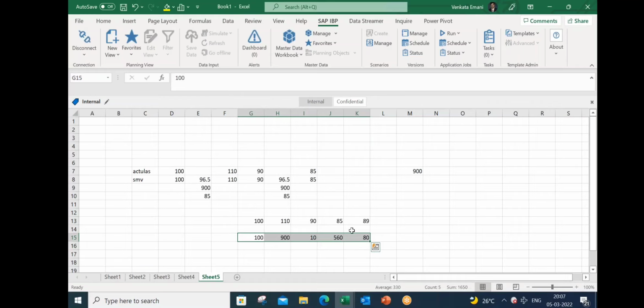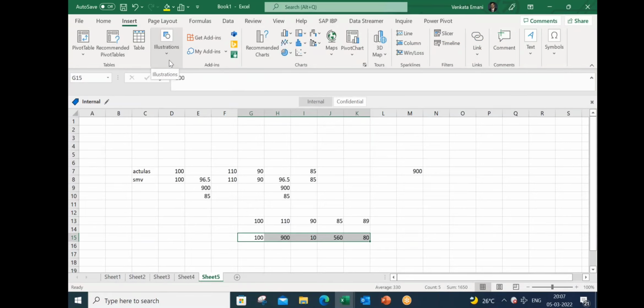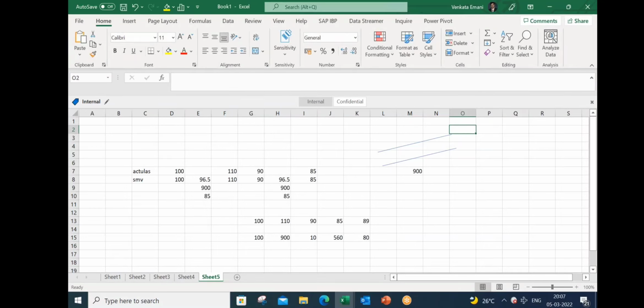It will create two tolerance bands, one like this and one like this. Suppose the upper tolerance band is 110 and the lower is 50.